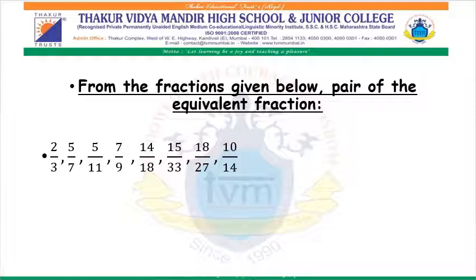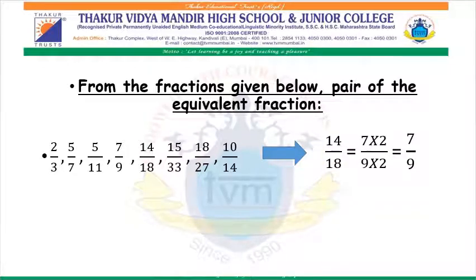You can see I can write 14 by 18 as 2 into 7 and upon 2 into 9. So the equivalent fraction of 14 upon 18 will be 7 by 9. Yes?